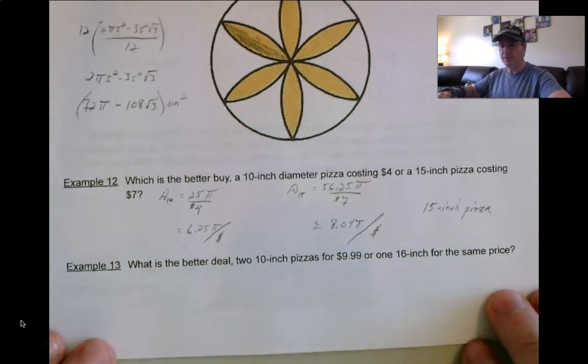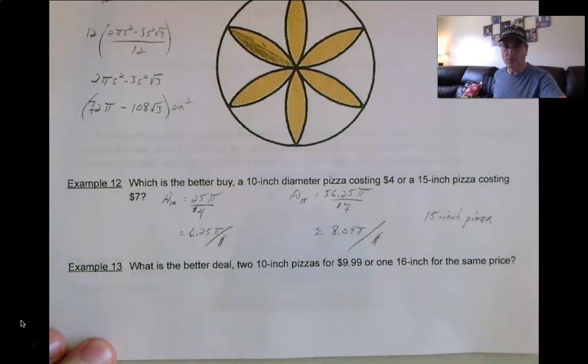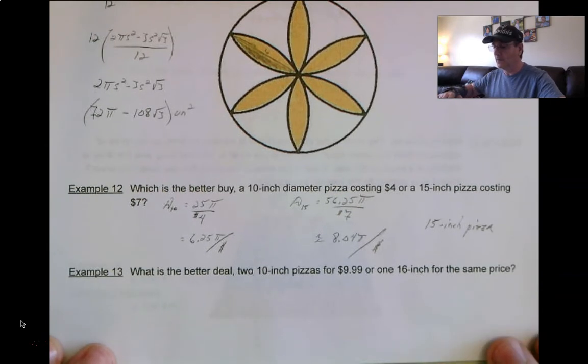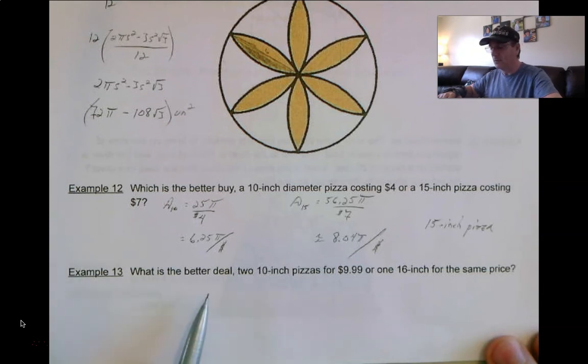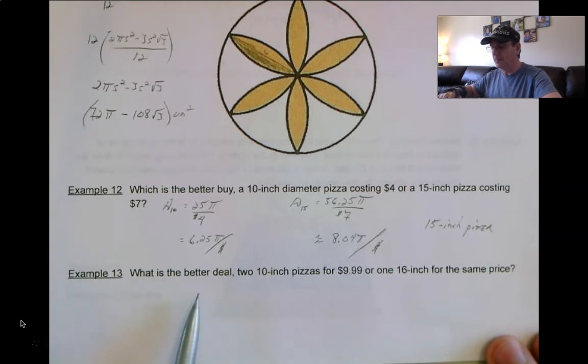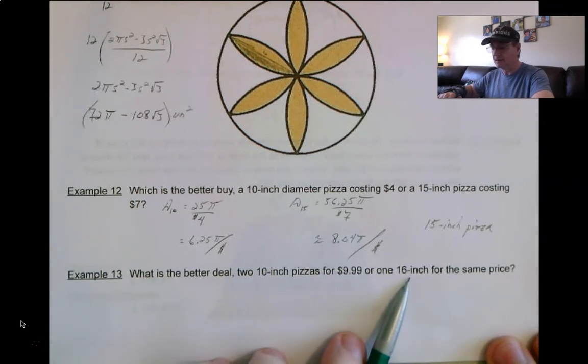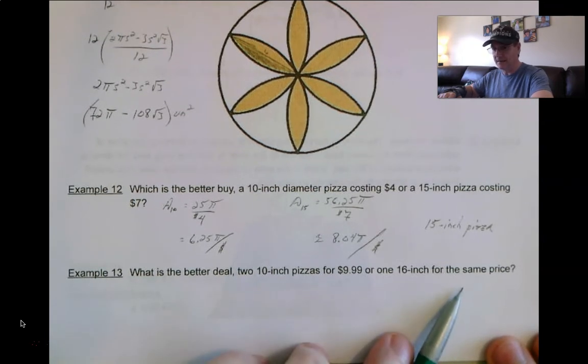All right, example 13 is an actual coupon that I got a long time ago. I wish I still had the coupon, but I don't. And it had this deal on it. So which deal is better? 2 10-inch pizzas for $9.99 or 1 16-inch pizza for the same price of $9.99.